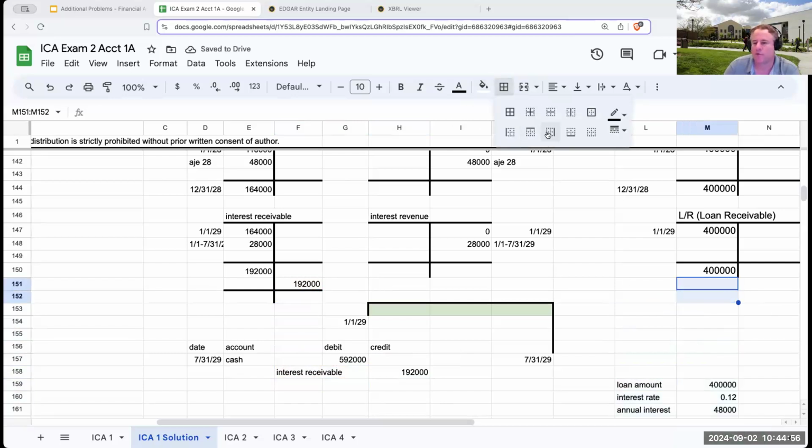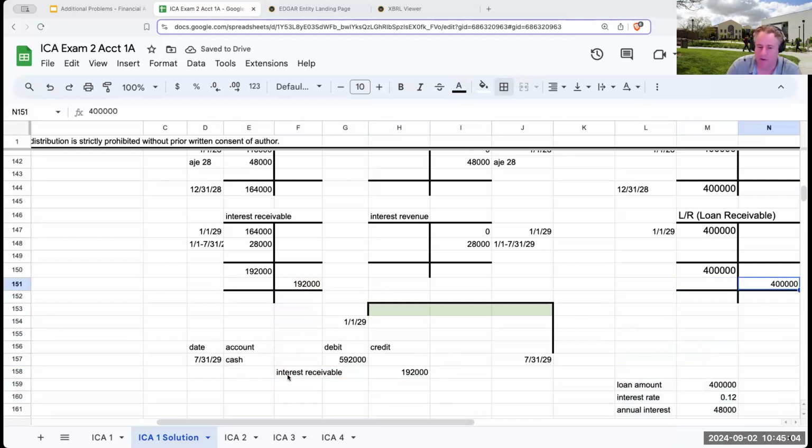So I'm going to credit the loan receivable because it's no longer owed to me. They've paid it back. So my loan receivable is going to be credited for $400,000 to record repayment of the loan.